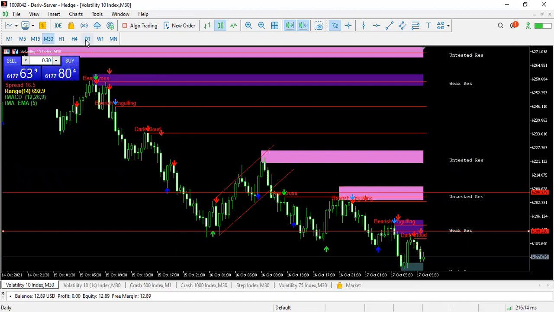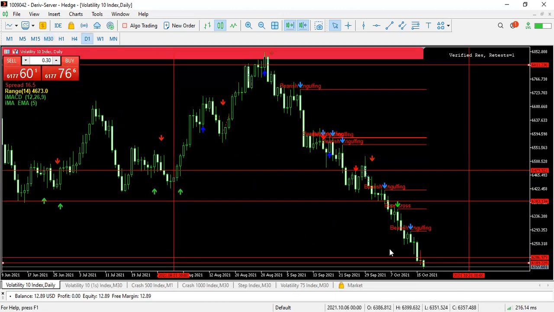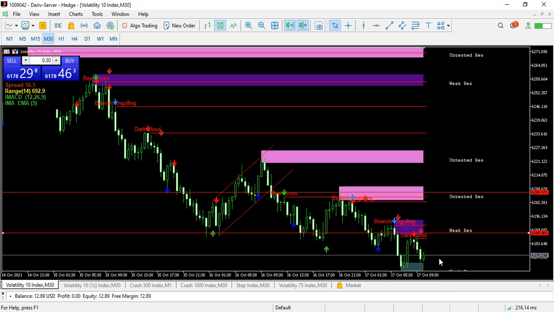Let me show you. When the market gets to this point, look at my mouse, let's see this particular line at the lower time frame. When this market now goes to this, look at the line here.